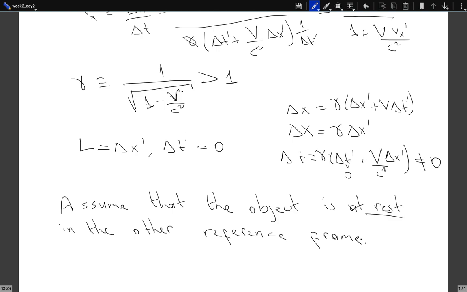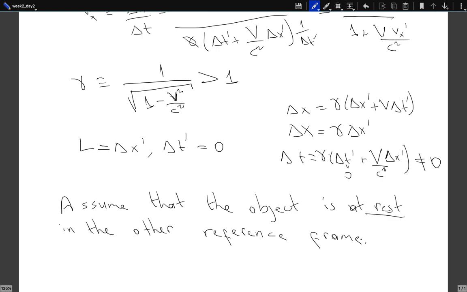If, for example, there is an object flying by, I measure the length of that object to be a given length, and according to him, the object is also moving, and he takes my measurement and multiplies it by the length contraction factor, the length he obtains will not be the length he measures. He is doing something wrong, because the length contraction formula only relates the so-called rest length of an object to its length when it is moving.